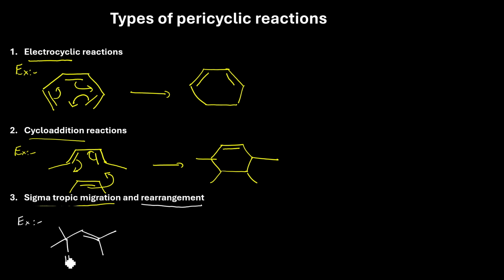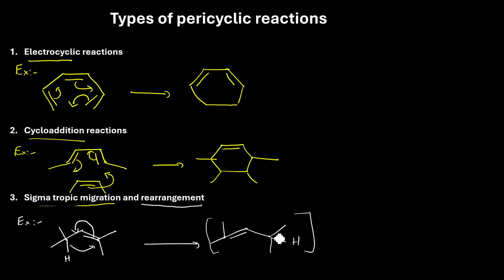Here we have a hydrogen. In a rearrangement, this hydrogen will change its position from here to here, while this pi bond changes from here to here. This is a rearrangement reaction.